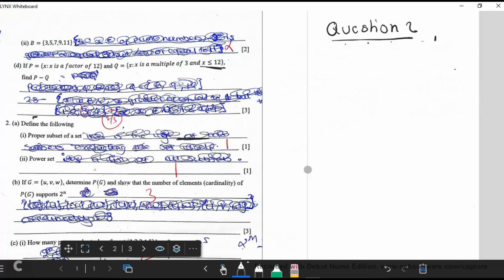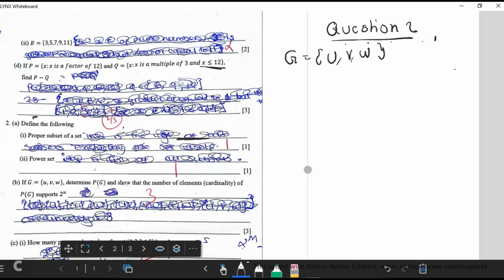Question 2b, they're saying if G has members U, V, W like that, then determine the power set and show that the number of elements, or cardinality, of the power set is supported by this.